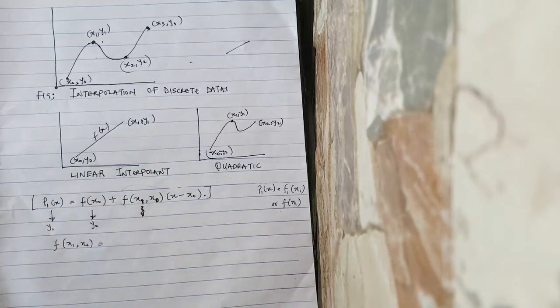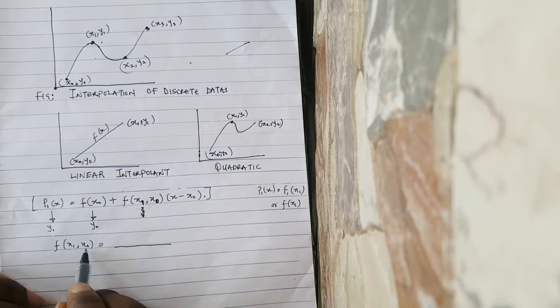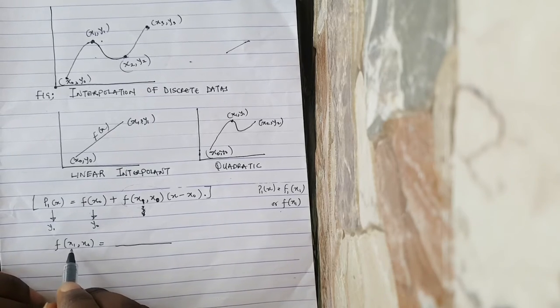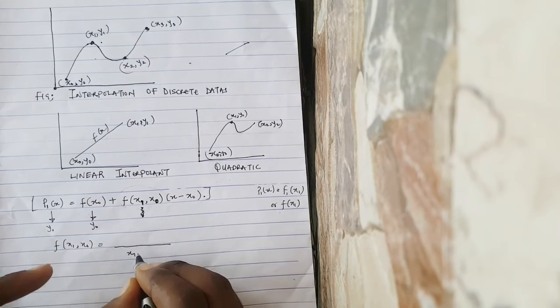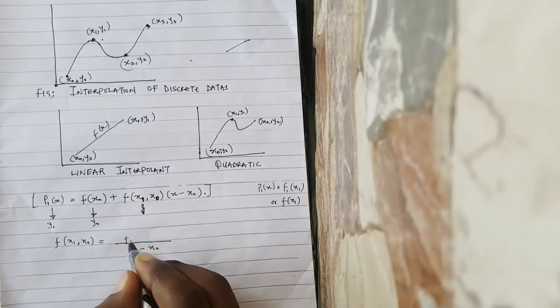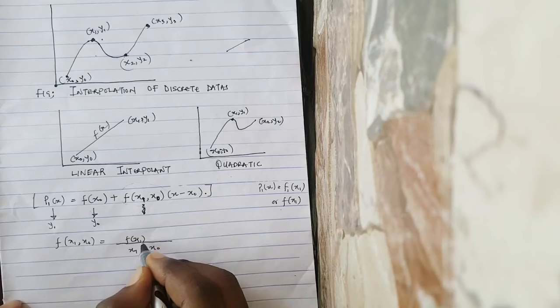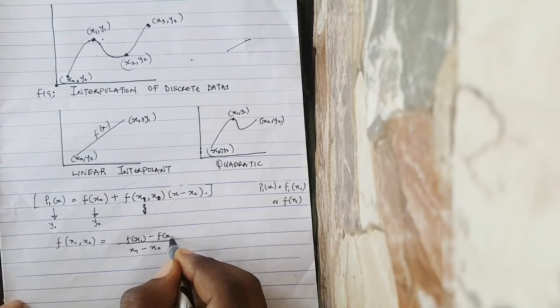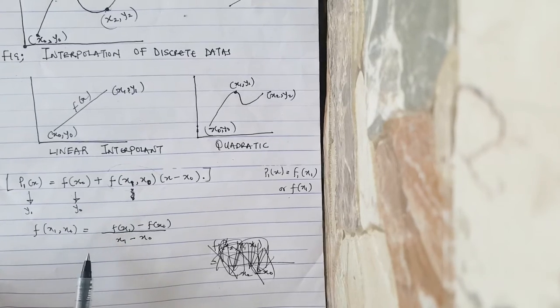The easiest way to find this: draw a line, take the difference, the range between the two, starting from the highest to the lowest. The highest is x1 minus x0, and then find the difference also between your f of x1 minus f of x0. This is how you get your f of x1, x0.